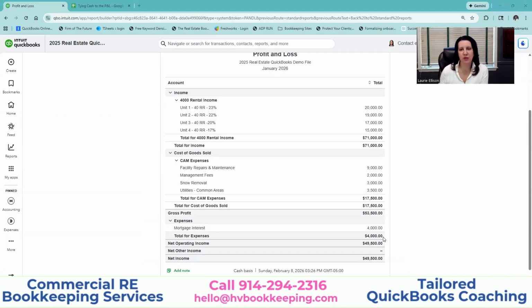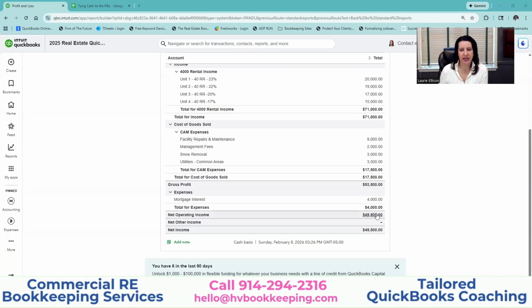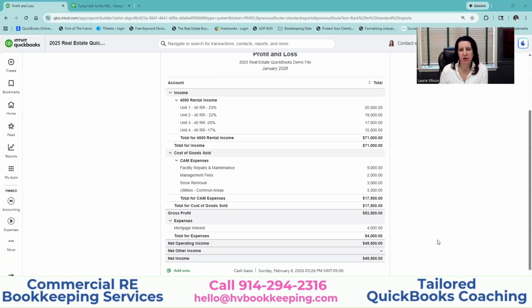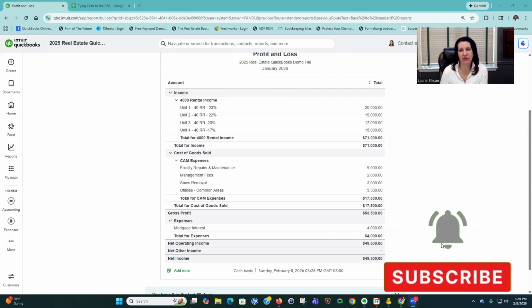So right here, we're showing 1 month of income, some expenses, and then we get a net income of $49,500, right? So this is obviously a demo file. It's kind of based on a commercial property and so forth. So you could have a small rental property. It doesn't really matter. But there are certain things that are not being accounted for, which you probably are paying out of this checking account for your property, but it's not showing up on this report, right?